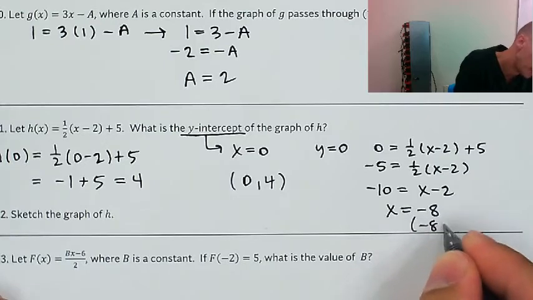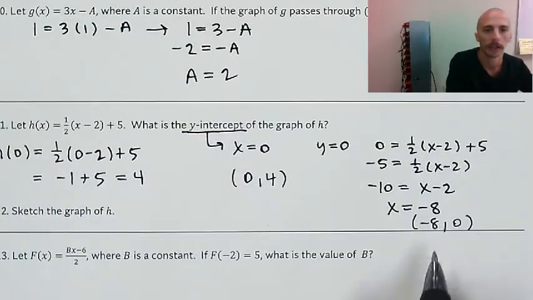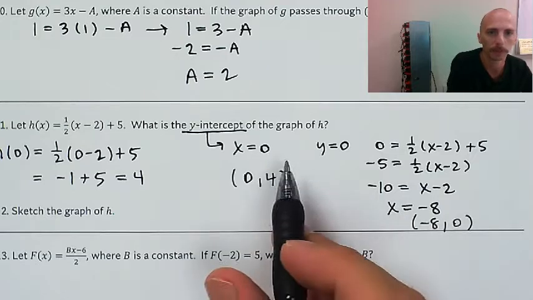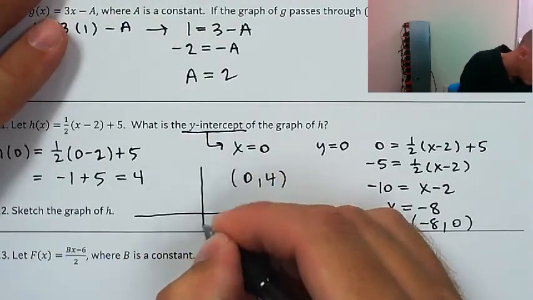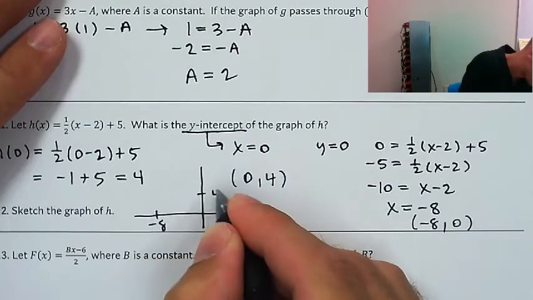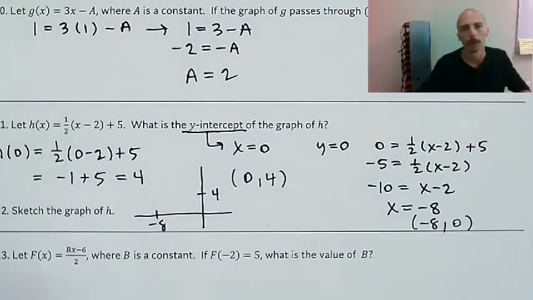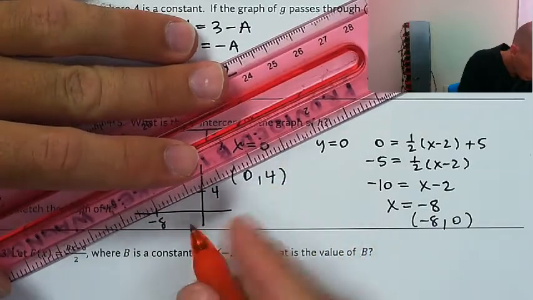So I know the point (-8, 0) is on the graph of h. So I've got a negative x-intercept and a positive y-intercept. This one, -8, is going to be this. I'll just say that's going to be +4. Bring in the straight edge.